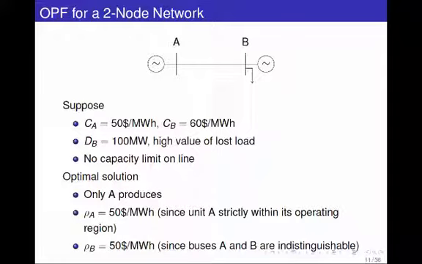So it's an obvious choice to go with A. I haven't given you any limits on the production capacity of unit A. So you can think of the capital P of A being plus infinity.